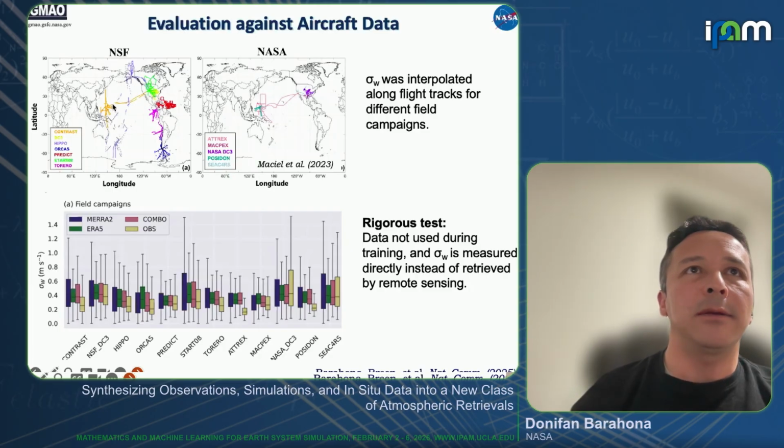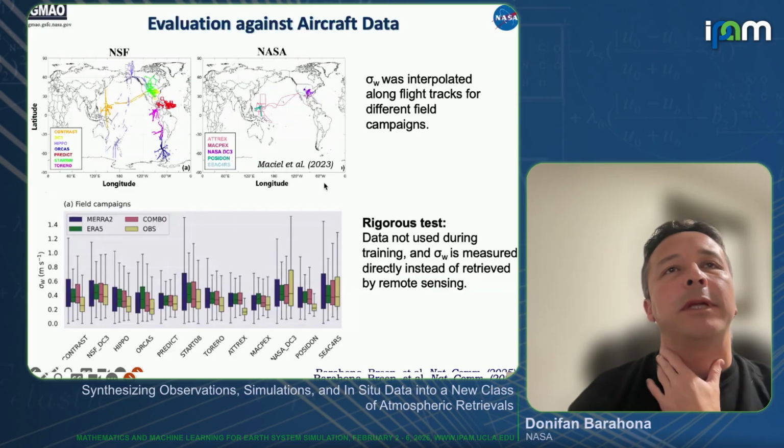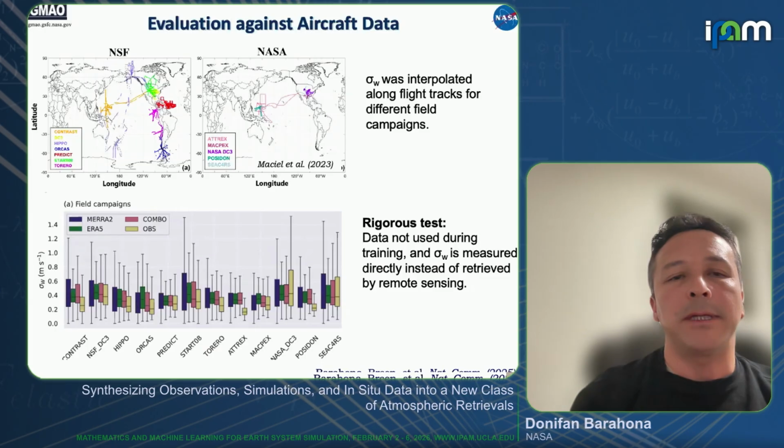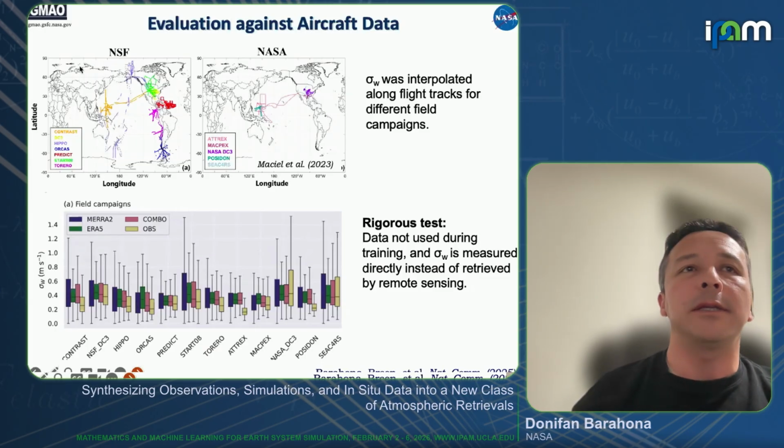And you can see that here, all the trajectories. And what we did was map, or essentially collocate those curtains on our data set, essentially fly those planes inside our data sets and see how things look.